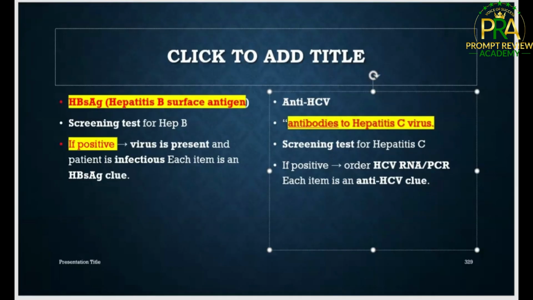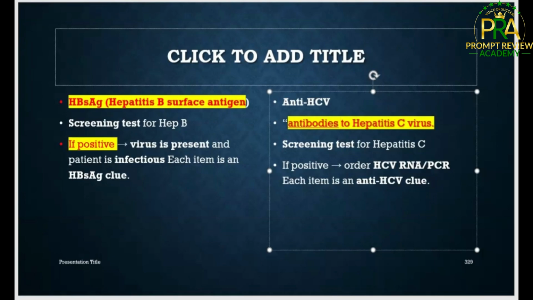So when somebody is exposed to hepatitis C, what are the sources? If somebody is exposed through IV drug use, the person may have that antibody. So that is anti HCV.